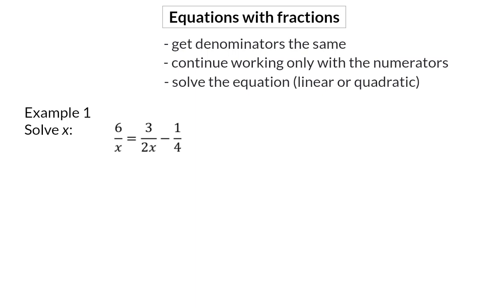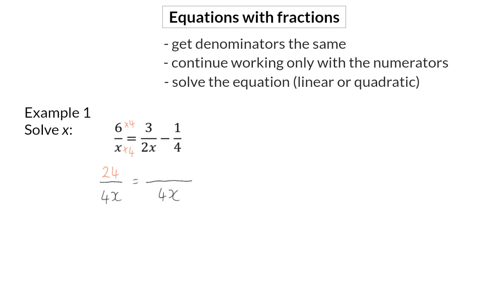In example 1, we now have three different denominators and we need to determine the common denominator. In this case, that common denominator will be 4x. Next, we need to form an equivalent fraction for each of the three fractions with the new denominator of 4x. The first fraction still needs to be multiplied by 4, which is repeated at the top to get 24.